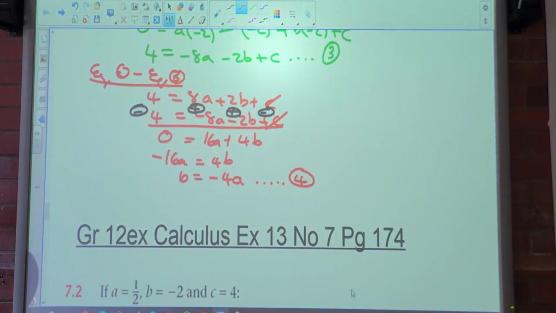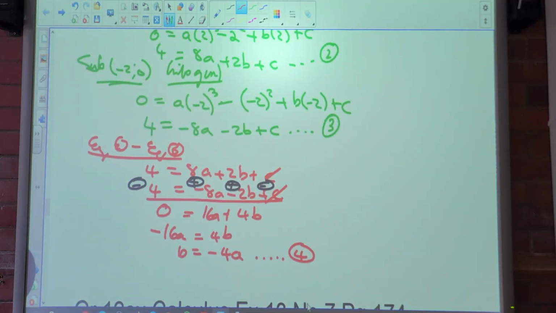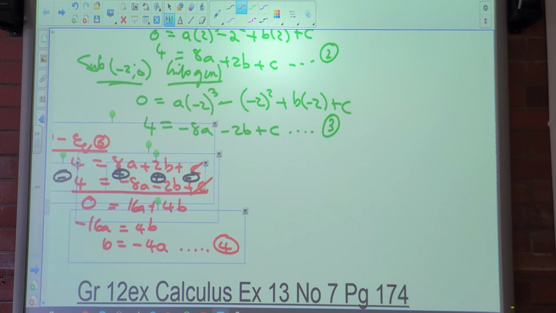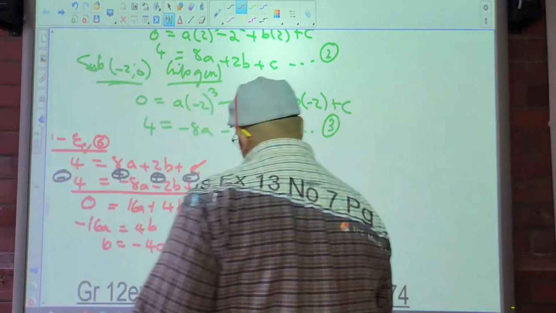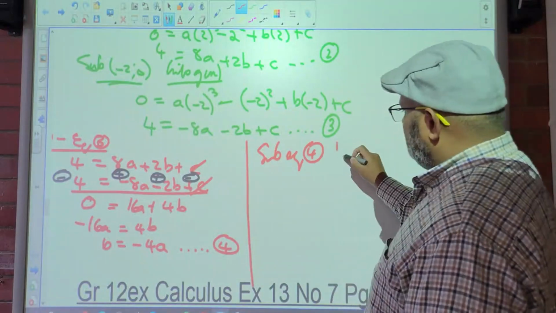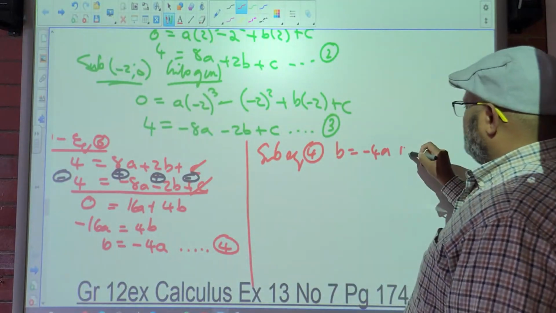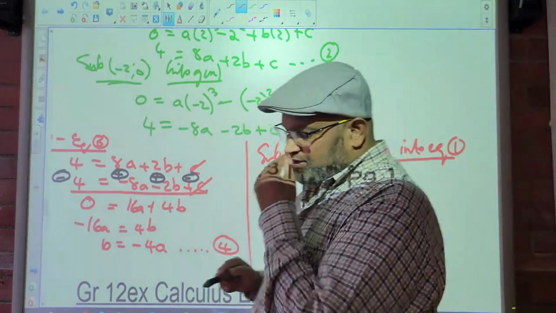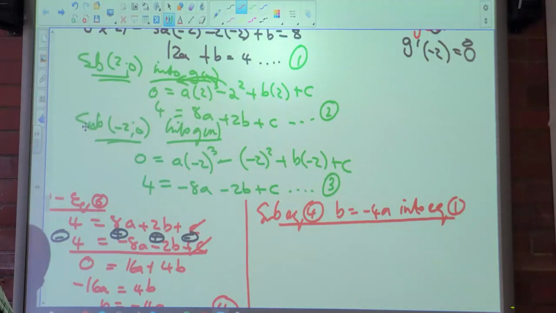Now what we're going to do is substitute equation 4 into equation 1. So now we're going to substitute equation 4, which is b is equal to negative 2a, into equation 1. Let's pull up equation 1 onto the screen.